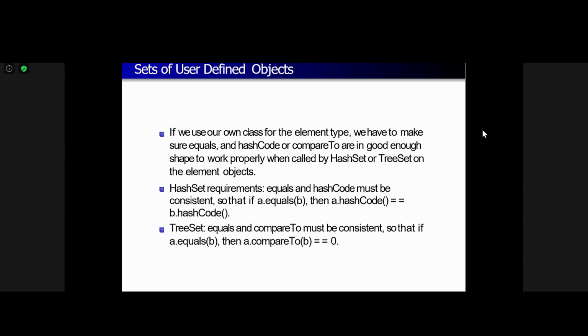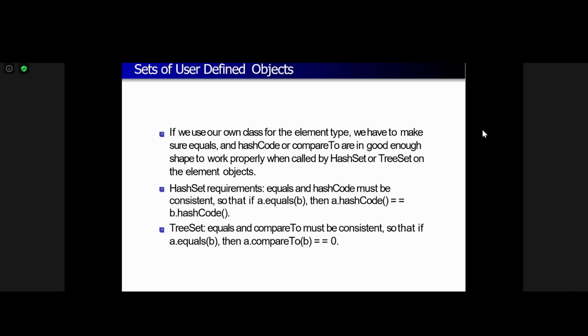And for tree set, you have to have a compareTo method that's implemented, or there is another way of providing a comparator when you create the set. But I haven't written that in these slides yet. So what we're assuming at this point is that you have equals and compareTo for the elements.